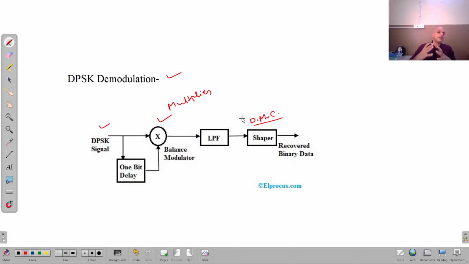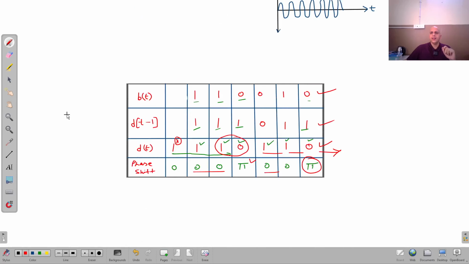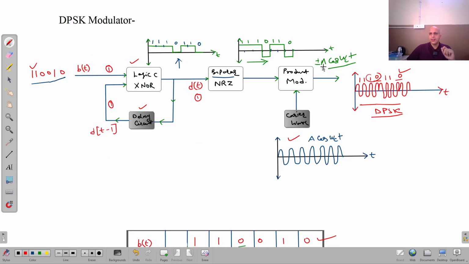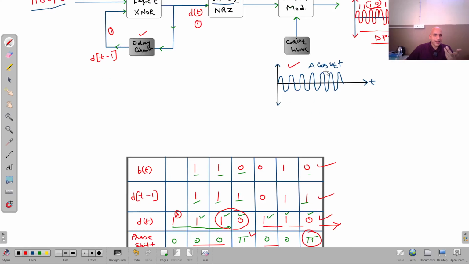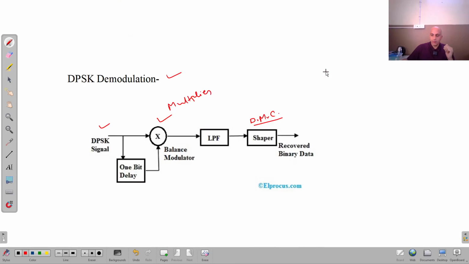Now, let's see the different possibilities, right? Let the incoming signal be either plus A cos omega_c t or minus A cos omega_c t. Suppose the incoming signal is plus A cos omega_c t. This is one possibility.